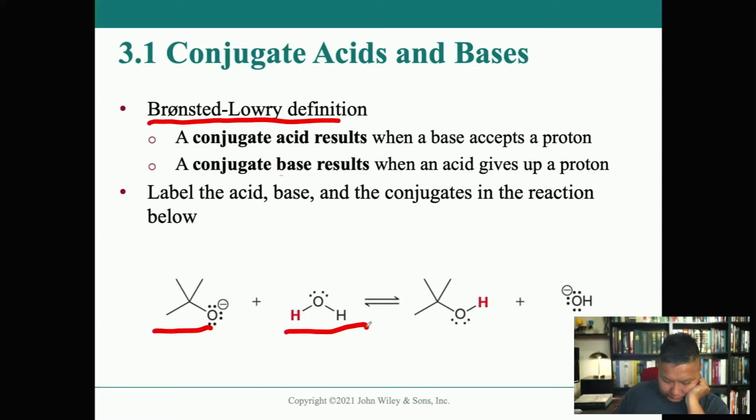The water does act like an acid, and the other thing acts like a base. What is this? Tert butyl alcohol, maybe? 1, 2, 3, 4. Yeah, I think that's a tert butyl alcohol.